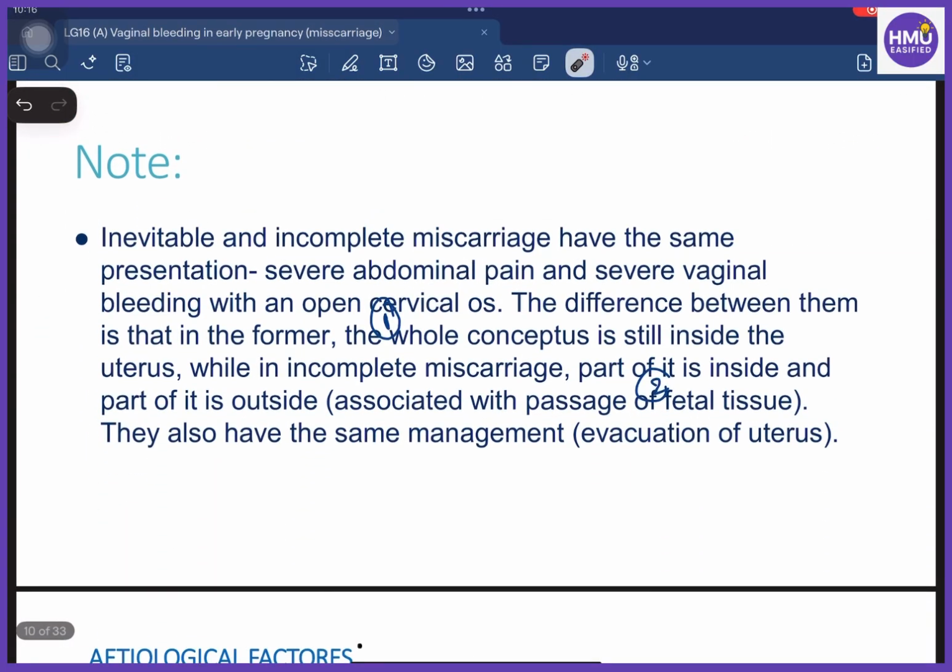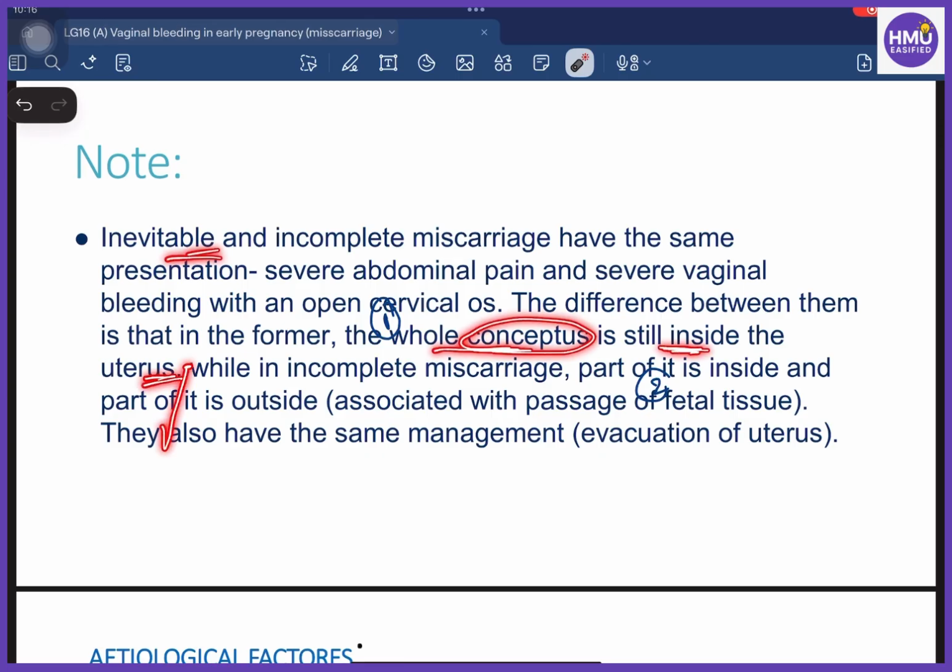And then inevitable and incomplete miscarriage. In inevitable miscarriage there's no way out of it, and fetal heart rate is negative. Incomplete means there's some retained tissue. The difference is that both have an open cervical os, but in inevitable the whole conceptus is still inside the uterus.